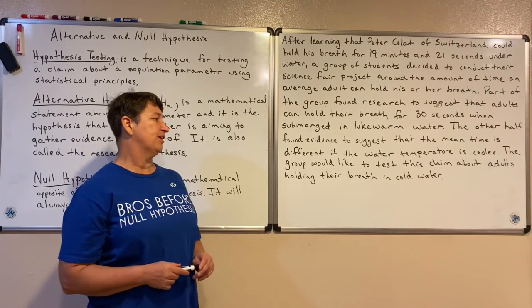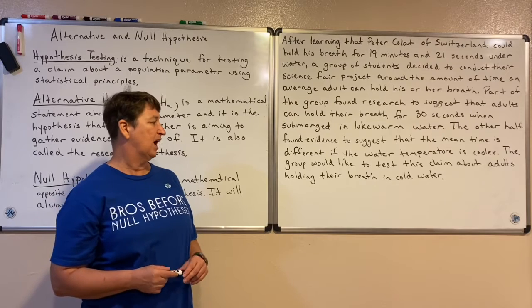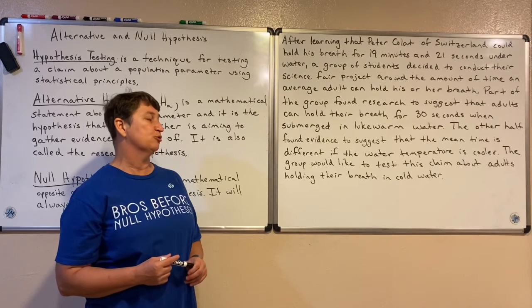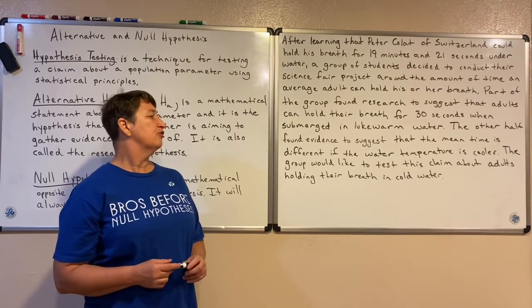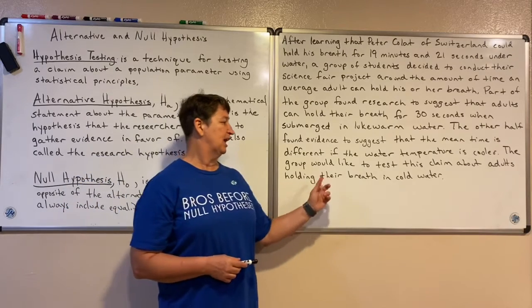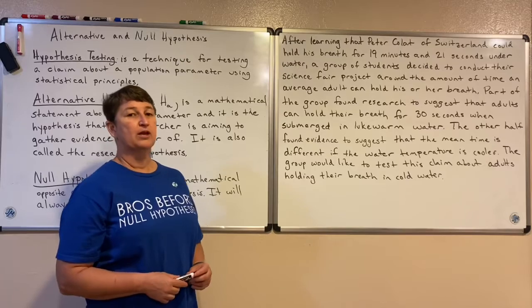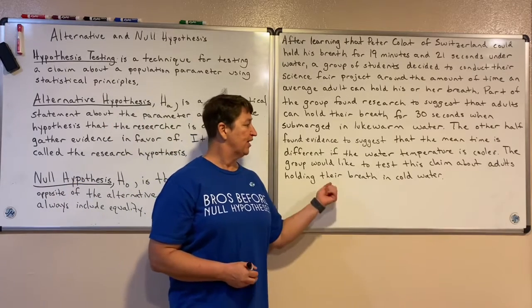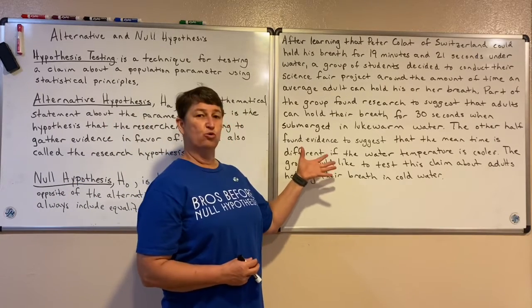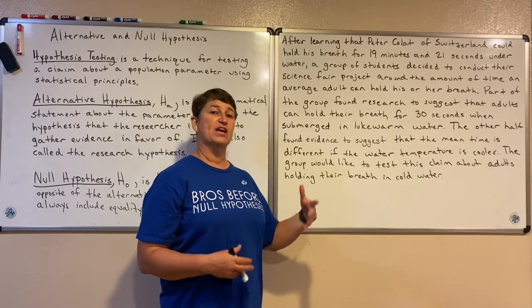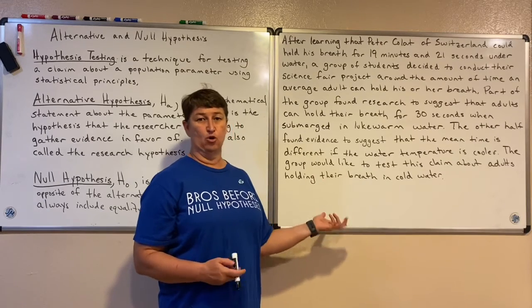The other half found evidence to suggest that the mean time is different if the water temperature is cooler. The group would like to test this claim about adults holding their breath in cold water. Now, notice in this one that they didn't tell us if they think they can hold it longer or shorter in cold water.